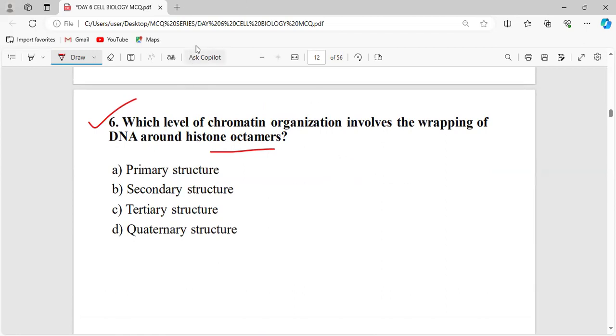Just tell me which level of chromatin organization involves the wrapping of DNA around the histone octamers. And what is the function of this histone protein?